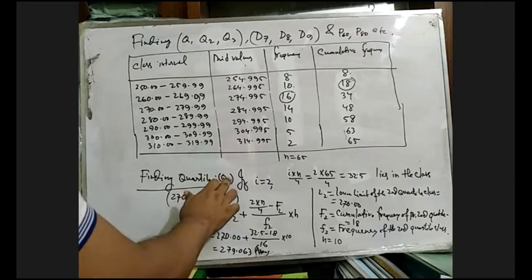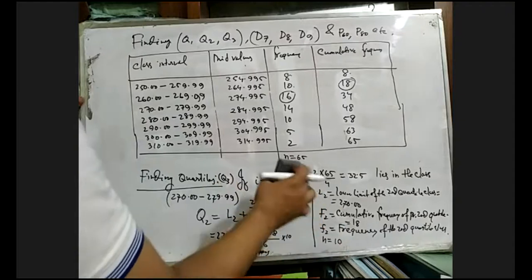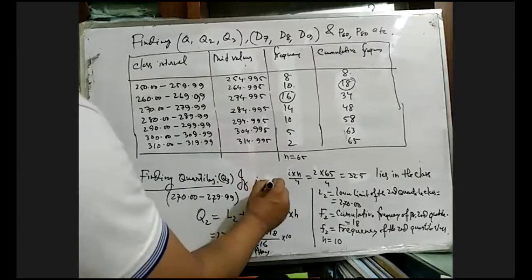Now, how to find the third quartile Q3? We put i equals 3.